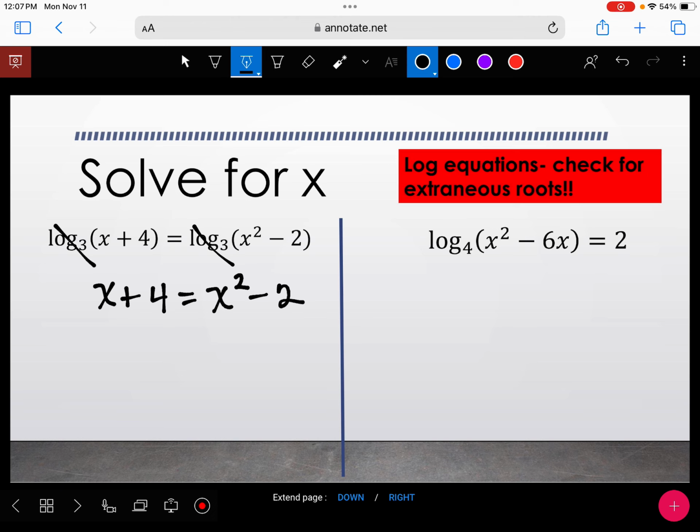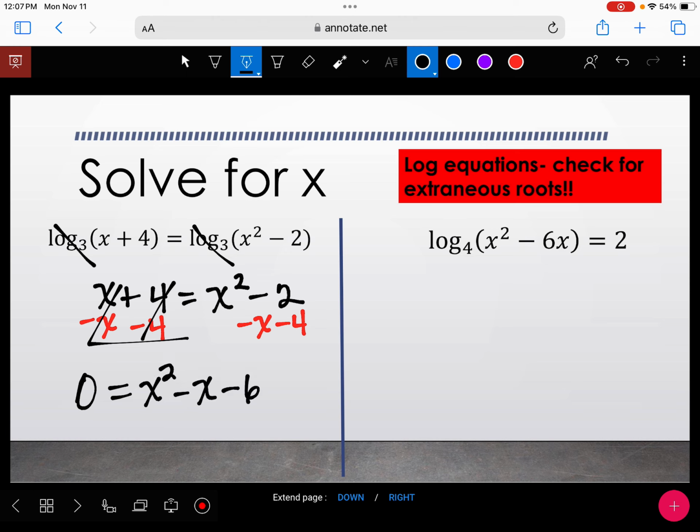So we need to set that equal to 0. Subtract the x and subtract the 4. That's going to give you 0 equals x squared minus x minus 6. Go ahead and factor that down. 2 numbers that multiply to give you -6 and add to -1, factor it, and solve them.